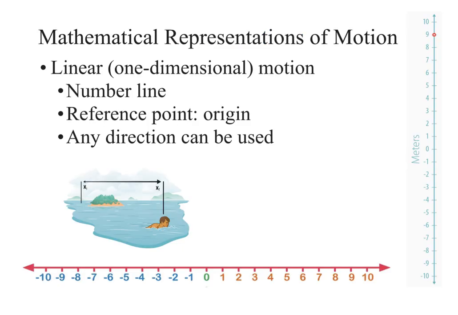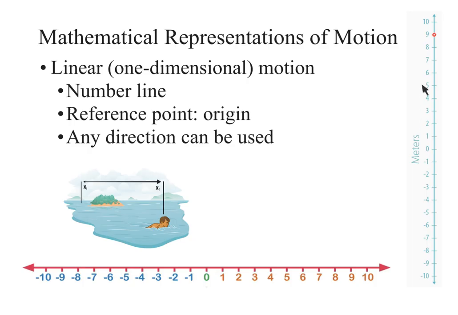So let's look at just a mathematical representation of motion. We are familiar with linear or one-dimensional motion. You've been doing the number line for many years now. And on a number line, your reference point is that starting point or the origin. And then direction on a number line is typically left and right. So to the right, you have positive, to the left, you have negative.